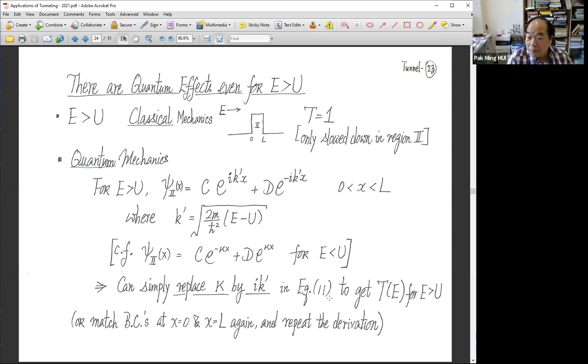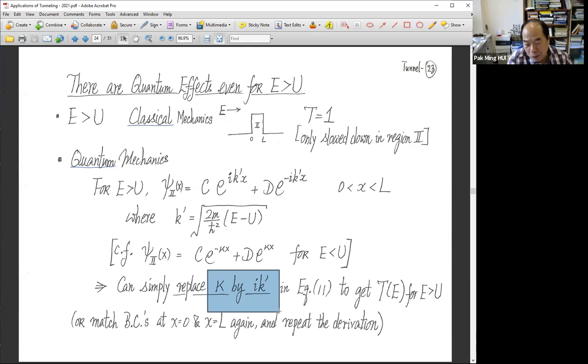But there are also quantum effects even for energy over the top of the barrier. We can modify this end result by taking kappa into i k prime. Because when you go up, the decaying and growing exponentials become sinusoidal, things like that, okay? So we can replace kappa by i k prime, and we don't need to redo the algebra.